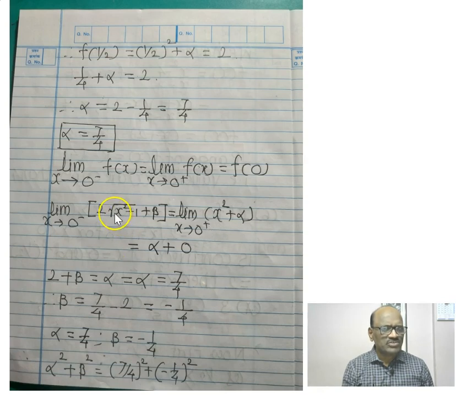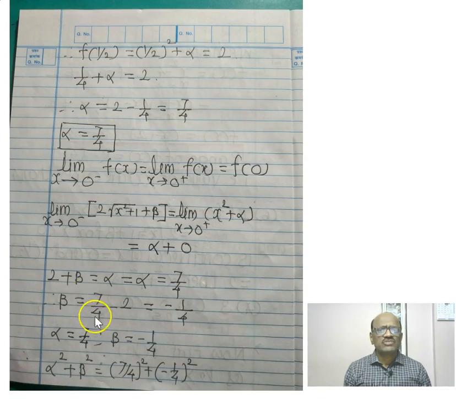Now substitute x equals 0: 0 plus 1 is again 1, and 2 into 1 is 2, so we get 2 plus beta. As x tends to 0 from the right, it becomes alpha, and that is equal to 7 by 4, because we found that alpha is 7 by 4. That is, 2 plus beta is equal to 7 by 4.